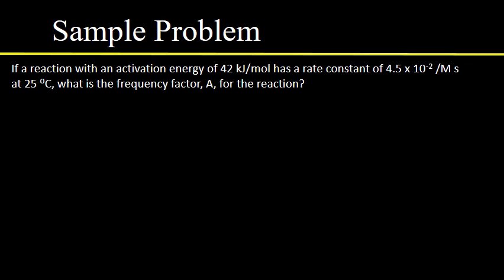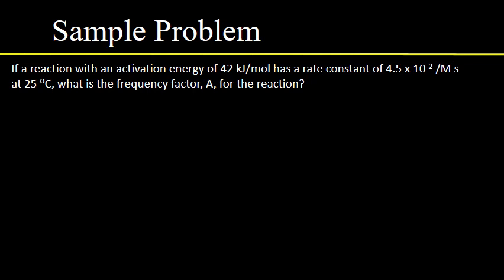So first question, which doesn't really have to do with the math, is what is the order of the reaction, right? And if you look at the units on the rate constant here, units of reciprocal molarity per second means that the reaction is second order, right? We don't actually need to know that to do this problem, but just wanted to mention that, kind of a review, right?